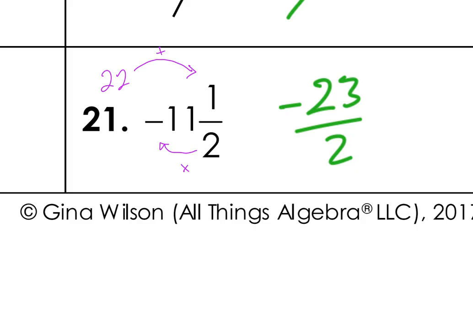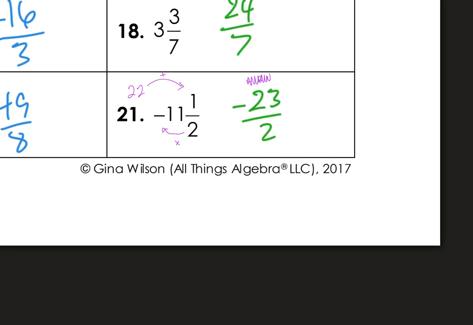Because if you were to add negative 22 and 1, you would get negative 21. But that's not what you have. You have negative 23 over 2. And if you're like, but why is that? Well, if you were to now go backwards like this and divide 23 by 2, there's 11. And you'd have 1 left over. Oh, look, that's 11.5, right?